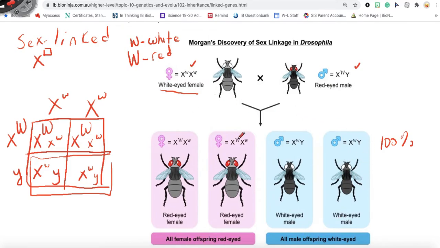And then you end up with 100% of the females come out with red eyes, right? Because red is dominant over white. So notice that here you're not following your typical Mendelian genetics because you don't carry any allele on the Y chromosome. Okay, so this is how he first discovered linkage, but he called it sex linkage, right? And he discovered that in Drosophila.